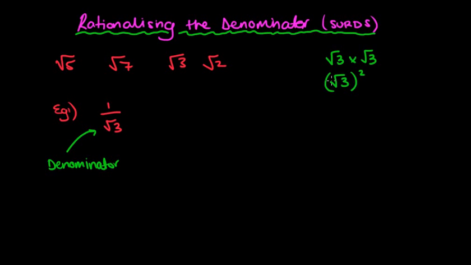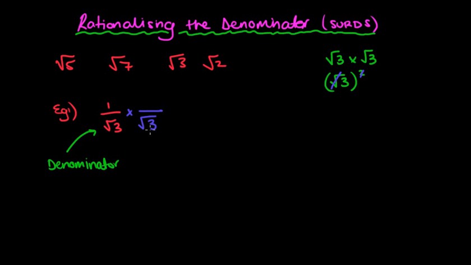So if I have a square root sign and then I square it, they cancel themselves out, and we're left with that number. So in that example, root 3 times root 3, or root 3 squared, is just 3. So we're going to times the bottom number by root 3, because we know by multiplying it by itself we create a whole number.